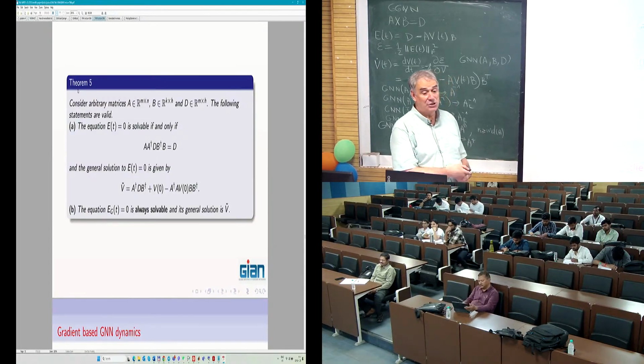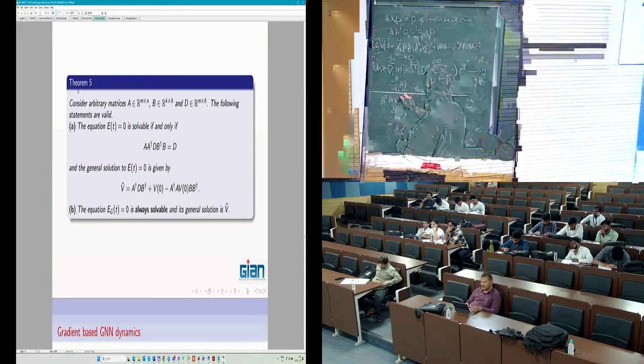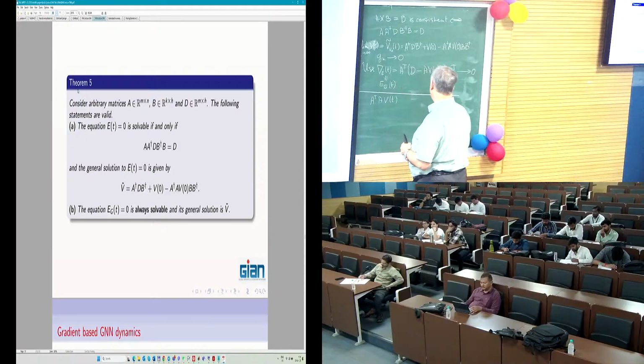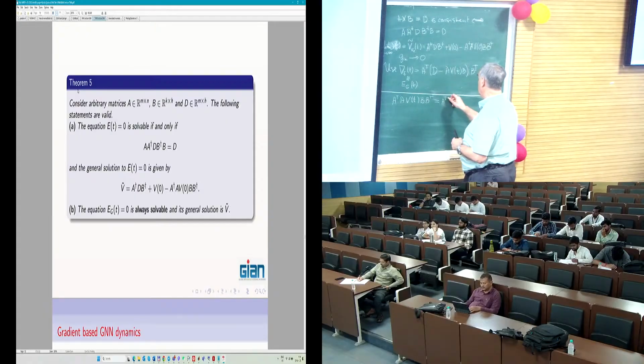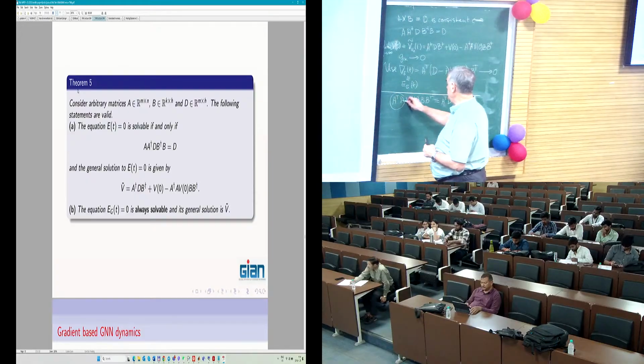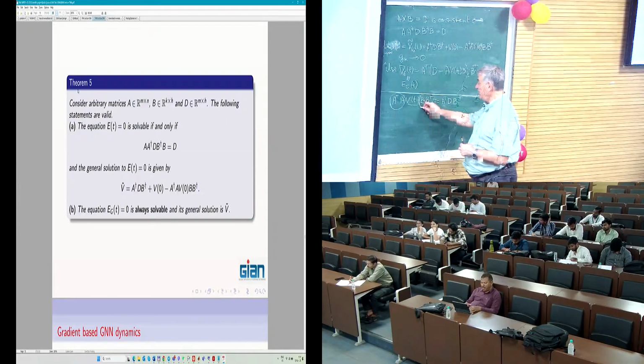We will not find conditions for solvability, but we can try. V of t equals A transpose D B transpose. Instead of A, we will use A transpose A instead of B transpose.